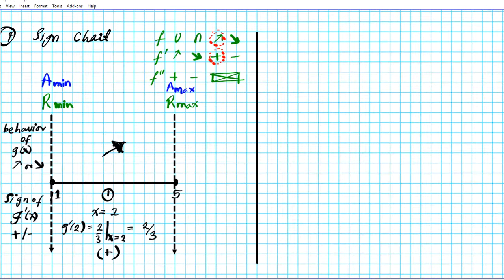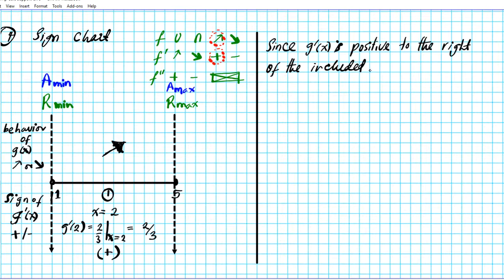Since g prime of x is positive to the right of the included endpoint, what's the included endpoint? x equals 1, the left endpoint, sorry.